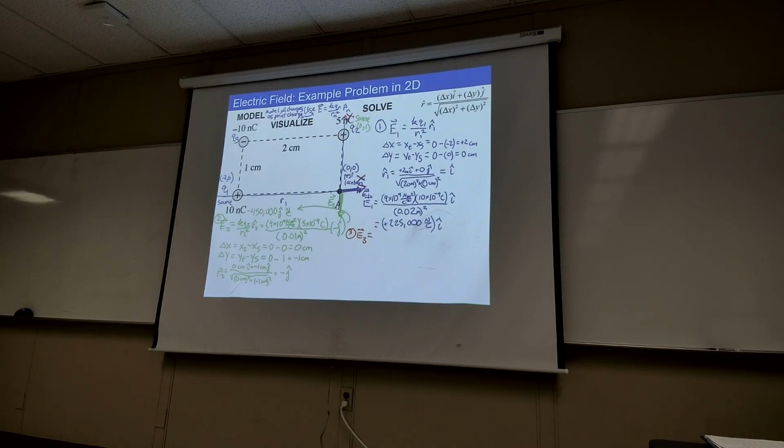So here in the numbers, the square root of this part here is the square root of 5. So it's going to be 2 over the square root of 5 for the first term, negative 1 over the square root of 5 for the second term.